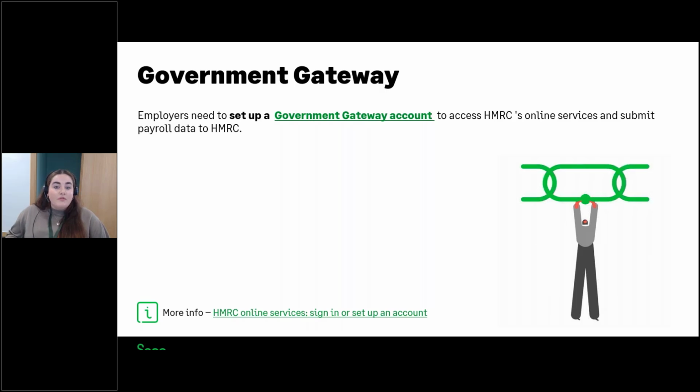Now moving on to the government gateway as well, because in order to actually submit the payroll data and meet these RTI requirements, employers do need to set up a government gateway account to access HMRC's online services. And normally it's your login for this account, so for your government gateway, which connects the payroll to the government gateway to be able to submit that data across to HMRC.